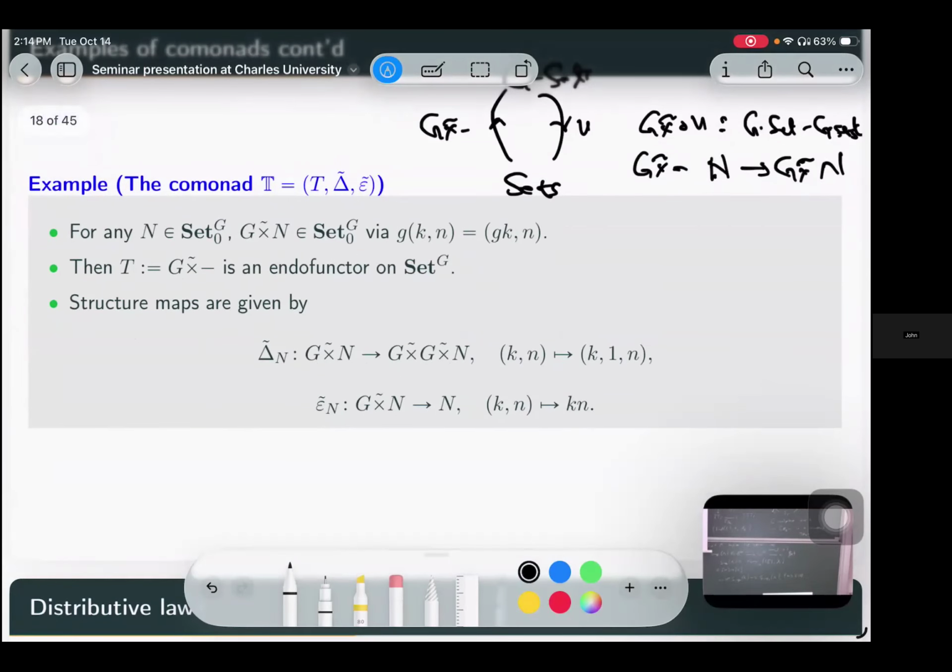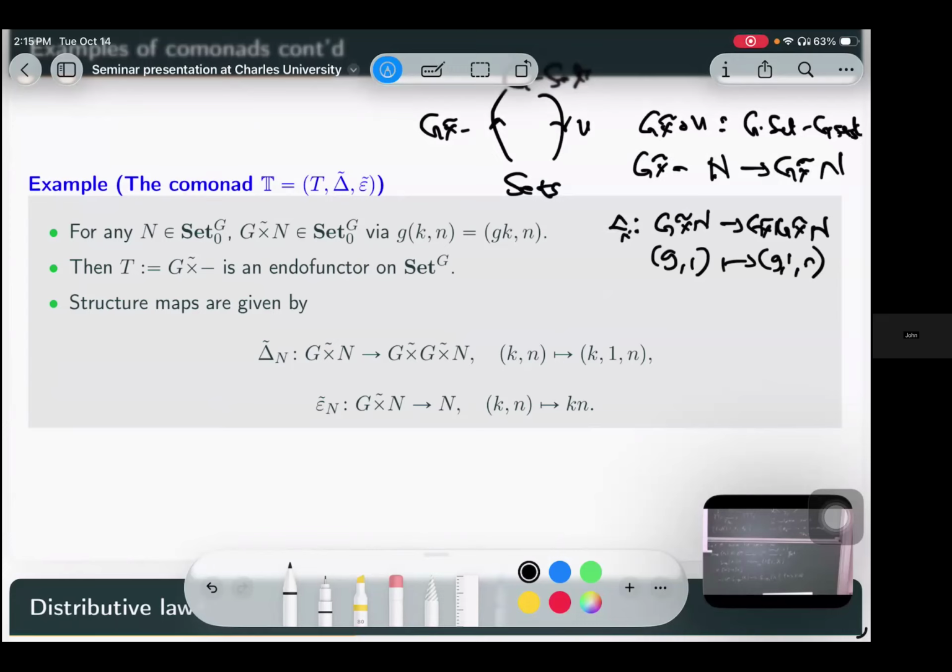So here we have this, and now the natural transformation delta from G ×~ N. And what this does is that it just puts the one after G. I think this should correct what Julius said.